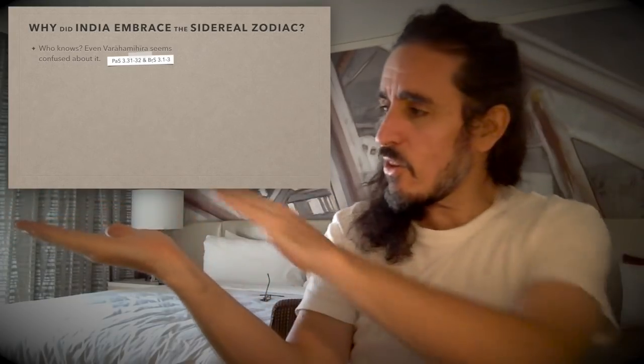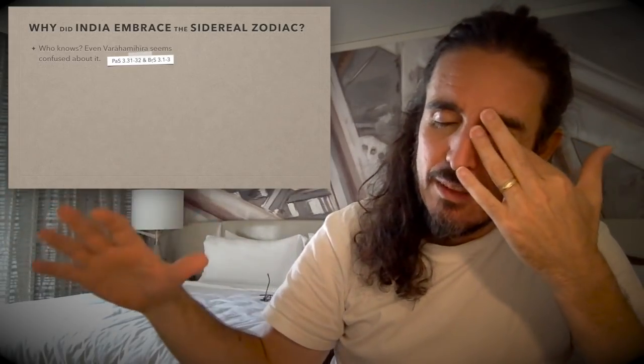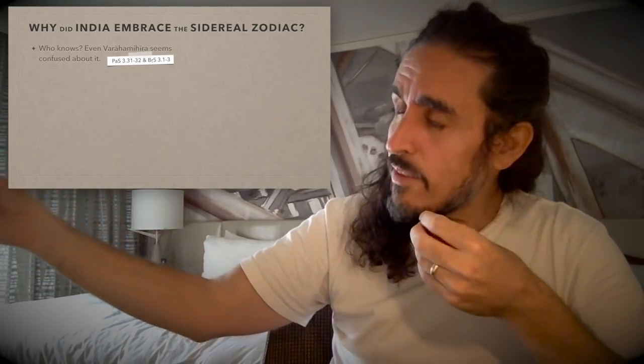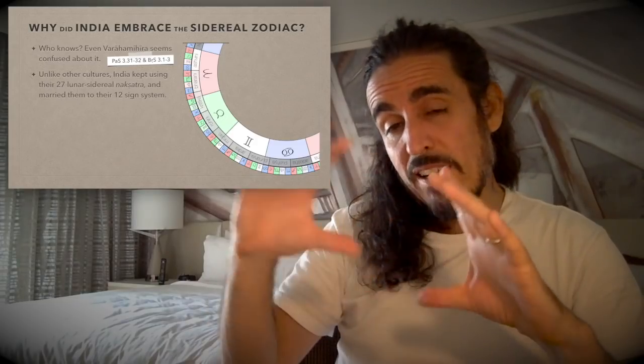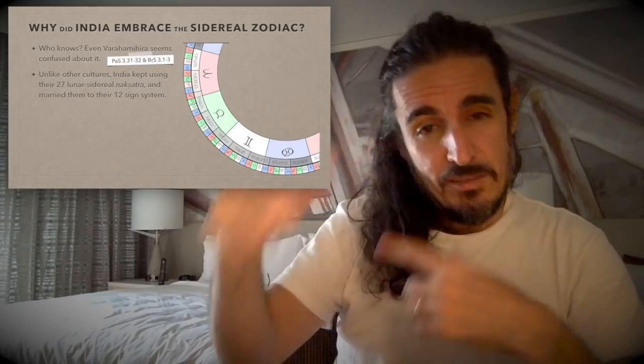The reason why I believe the Indian culture didn't change the relationship between the marker star and the supposed equinoctial position at the beginning of Aries is because there was something special to them about the relationship of the star to the marker points. So remember what kind of stars they have in India. Remember that the moon's orbit divided by the sunrises, which is 27 and change.